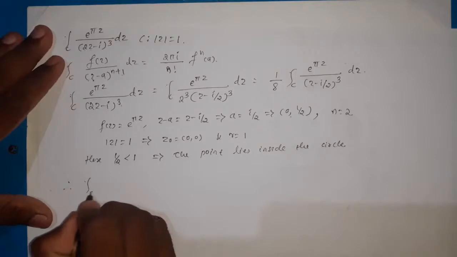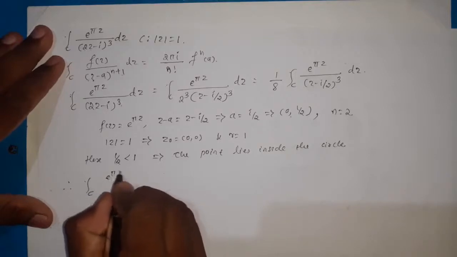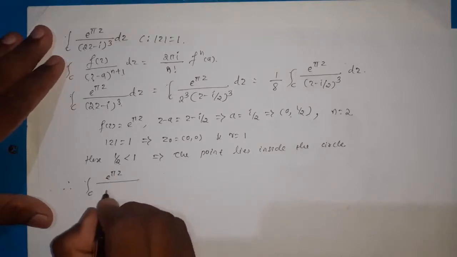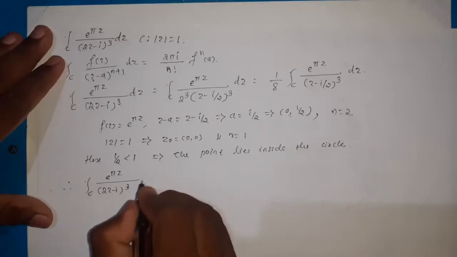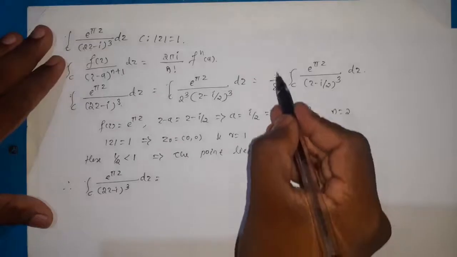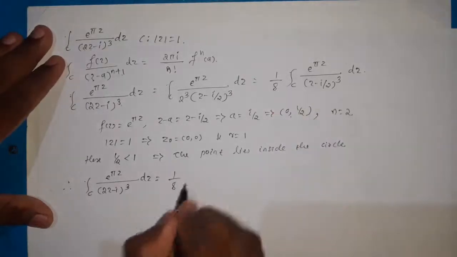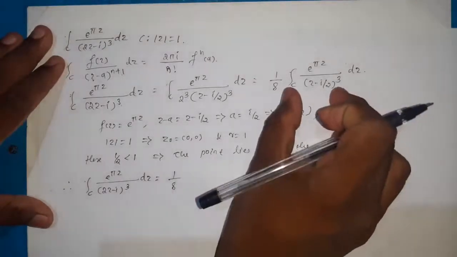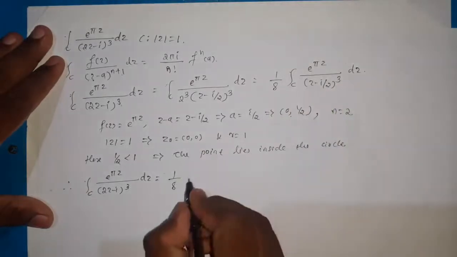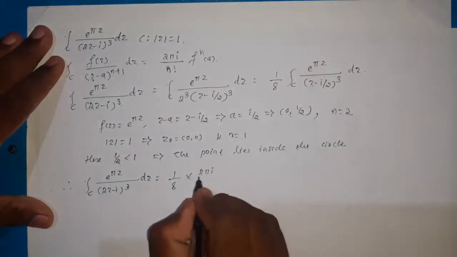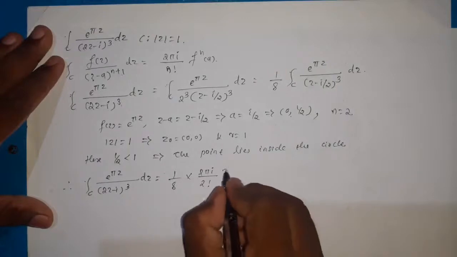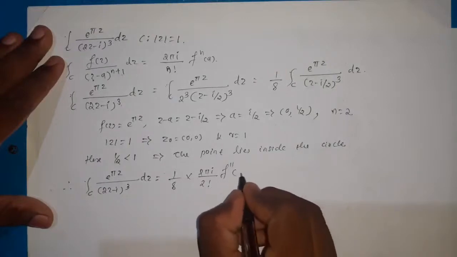Therefore integration over C of e power pi z divided by (2z minus i) whole power 3 dz is equal to what? 1 by 8 as it is. Then this integral value is equal to what? 2 pi i divided by 2 factorial f double dash of a, and a is i by 2.